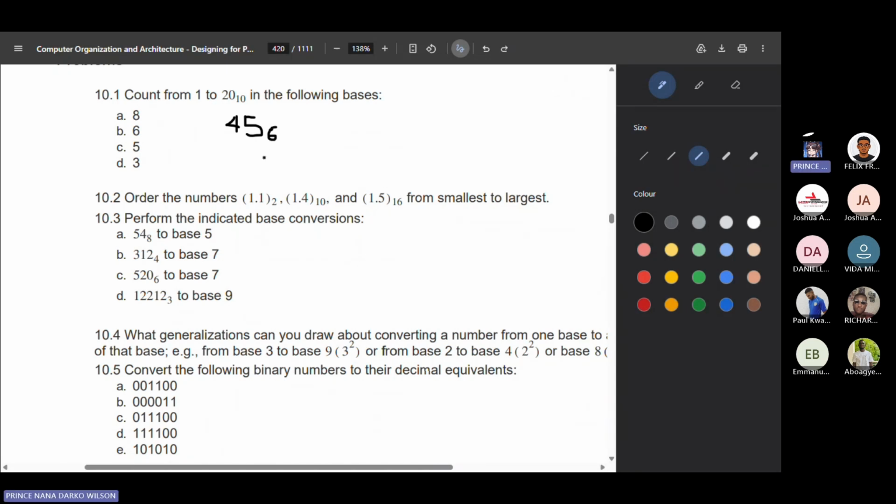Okay, that will be okay. There are several ways you can do that. Sorry, not into a binary. Change it into a base 5 number. Good. So change 45 base 6 into a base 5 number. Remember to first go through decimal. It's easier that way.